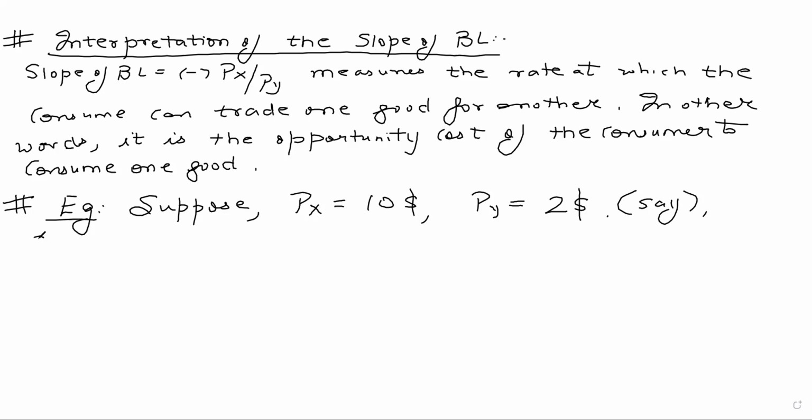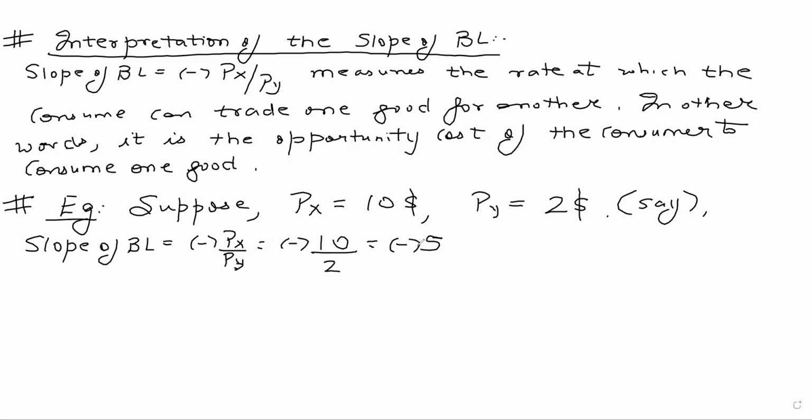What is the slope of the budget line? Slope of the budget line is minus px by py, which is minus 10 by 2, which is minus 5. Now, how will I interpret this?